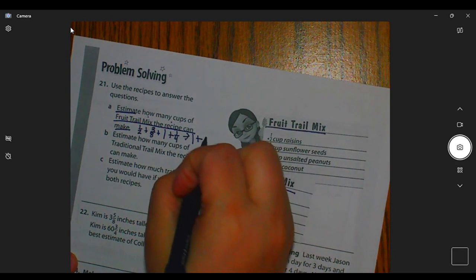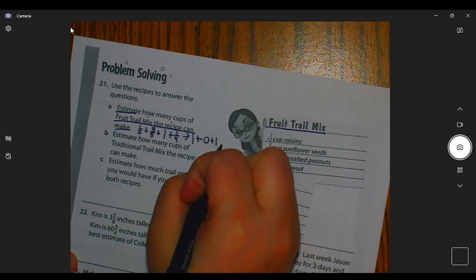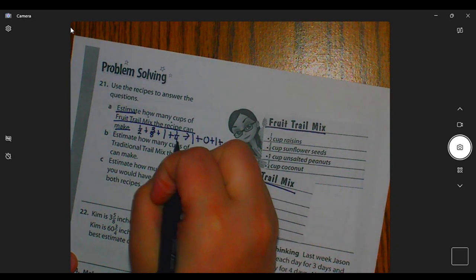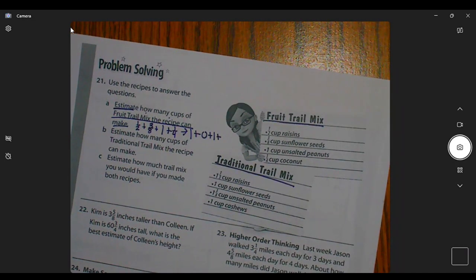They already give me a whole number here. 1 plus 1/4. What would 1/4 round to? 0, 1/2, or 1 whole?